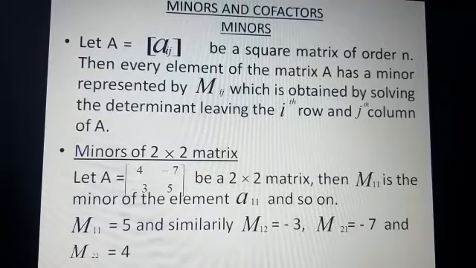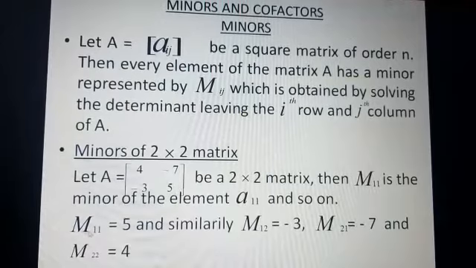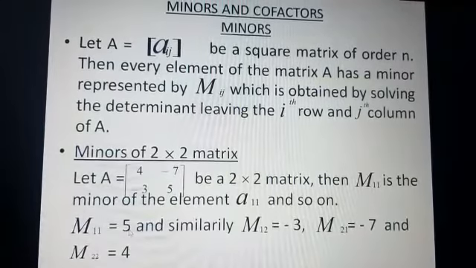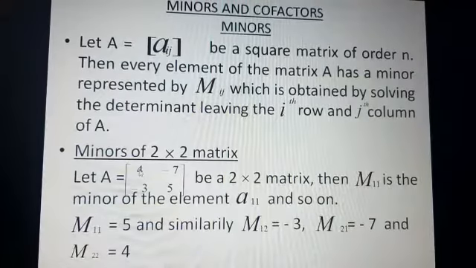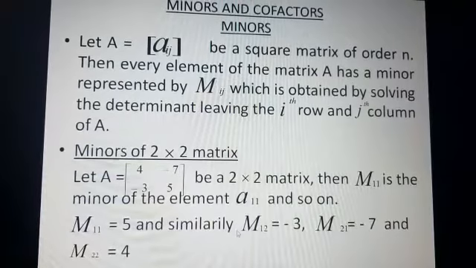If you leave the first row and first column, what is left is 5. So M11 is 5. It is very easy to find the minor of the element A11: you have to leave the first row and first column. Similarly, you can find the minors of other elements also.